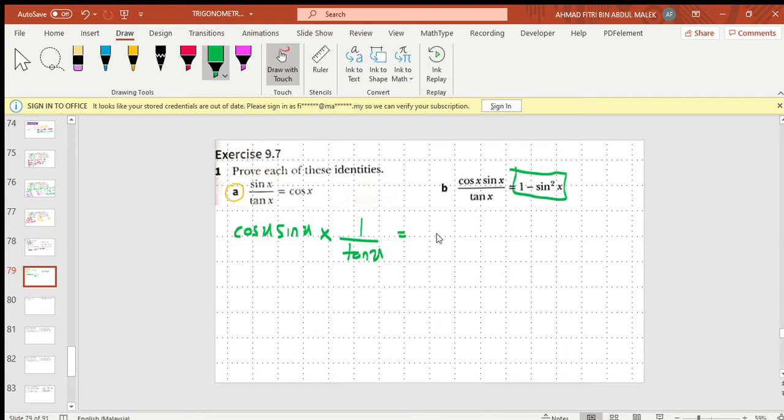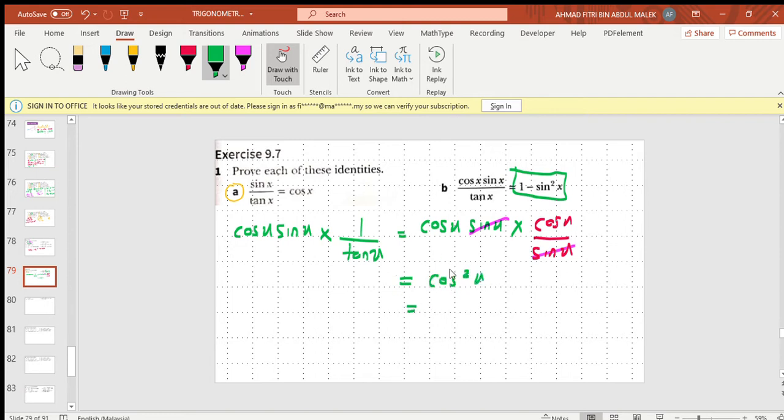For this part, I want to change the tangent. Tangent is sine over cos, so 1 over tangent means cos x over sine x. Then this can be eliminated, and we will get cos square x.